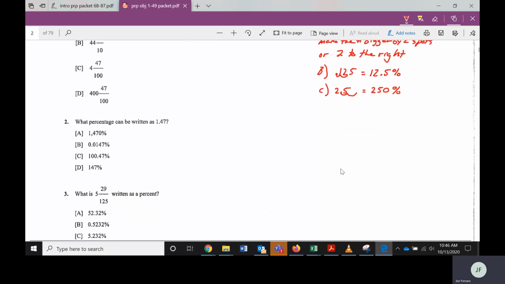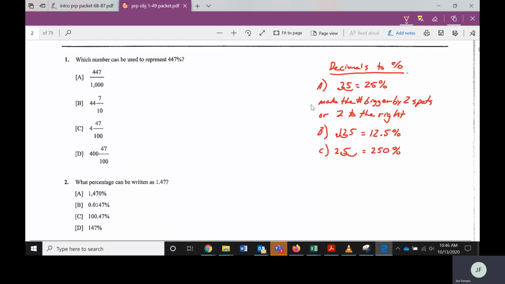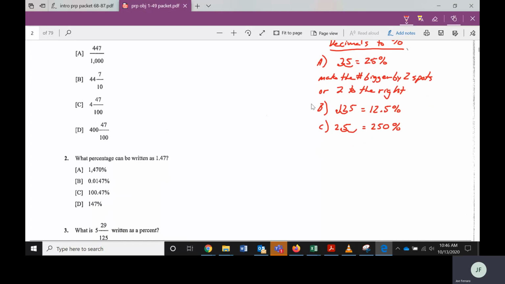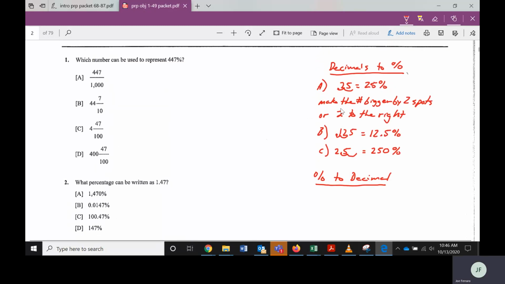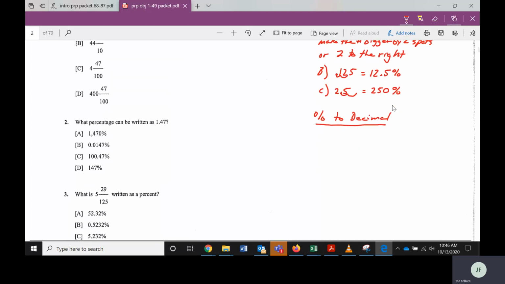Then the next, and if any of this gets too fast, hit pause, copy it down, and then hit play again. The next part is going to be, if we're going to go percent to decimal. Well, here it was make the number bigger by 2 spots.